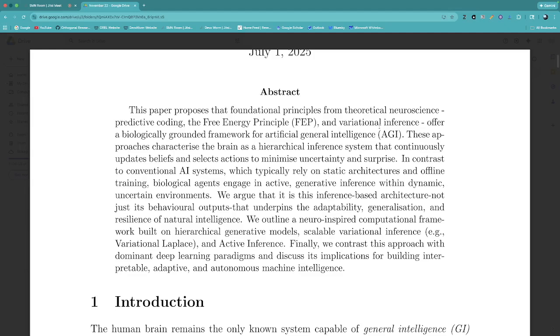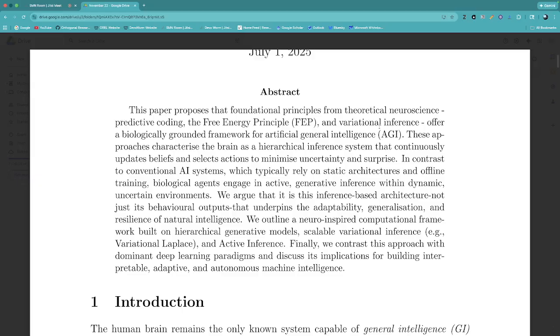We argue that it is the inference-based architecture, not just its behavioral outputs, that underpins the adaptability, generalization, and resilience of natural intelligence. So it's this ability to do inference rather than just having this standard behavioral output that they kind of isolate as the key to this.